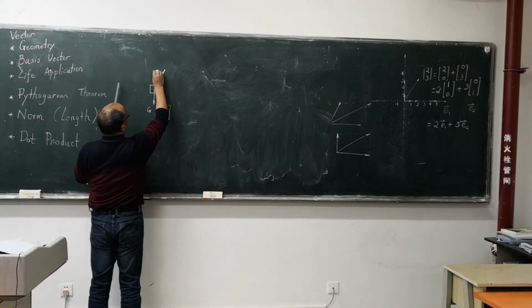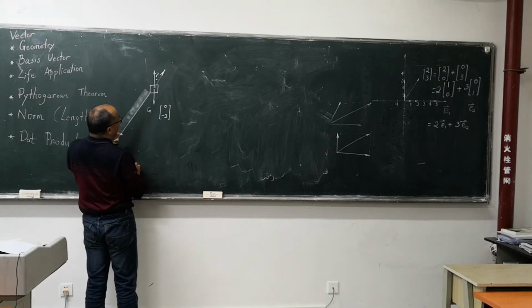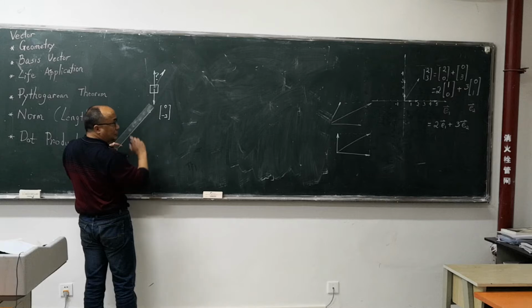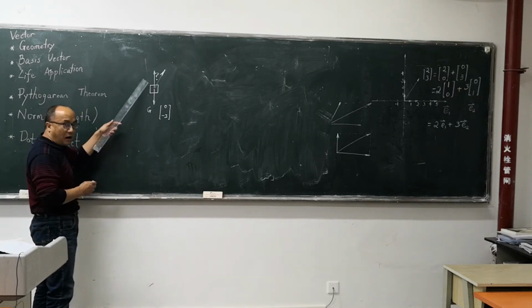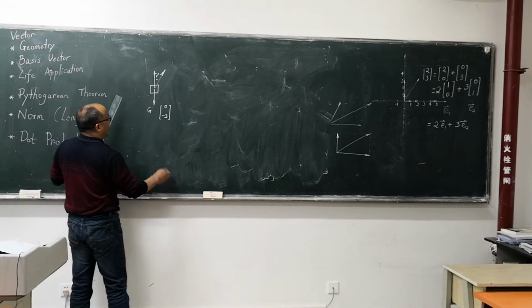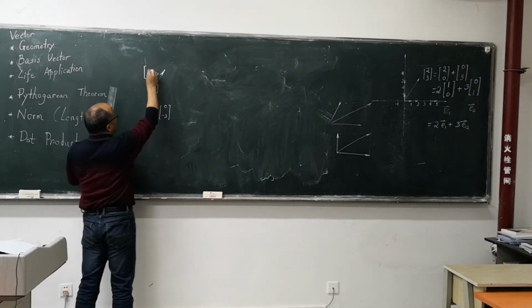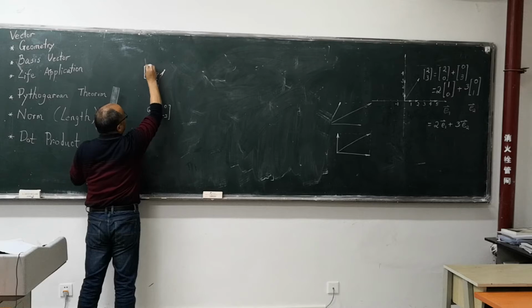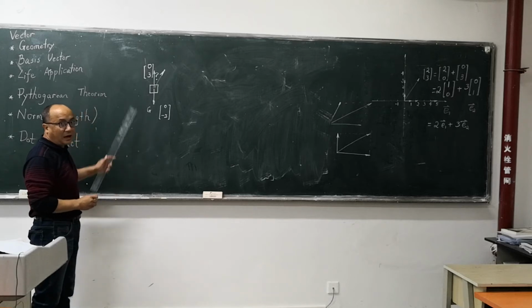So this one and this one should be just the opposite, to compensate, to cancel out this one. So what it should be is 0, 3. So this one canceled out.